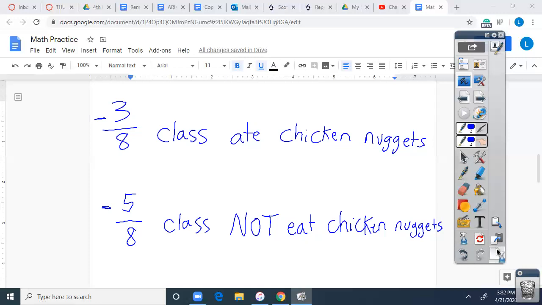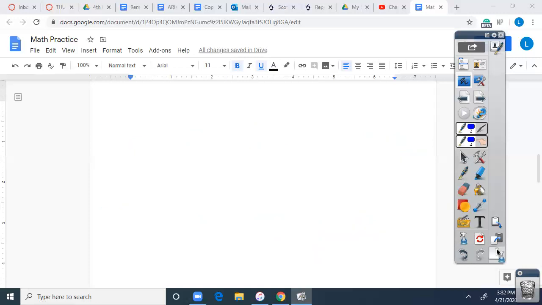The other type of fraction problem that you're going to need to know how to do is find a fraction of a number. So for example, the question might say something like, what is 2/5 of 40?